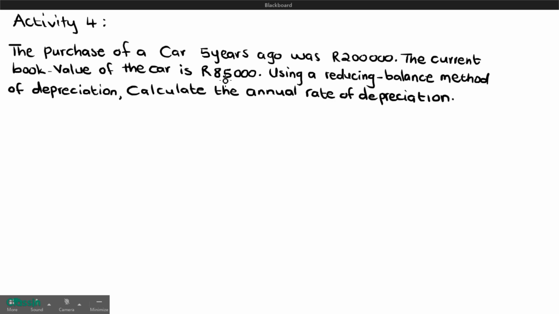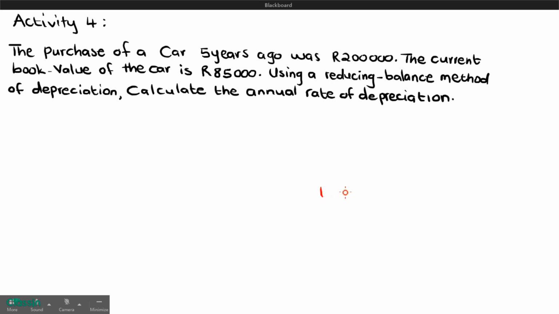It was bought at 4,700, but we calculated how much it will be after 4 years. But now, on this one, the value of the car is 200,000 5 years ago. Let's interpret this one.